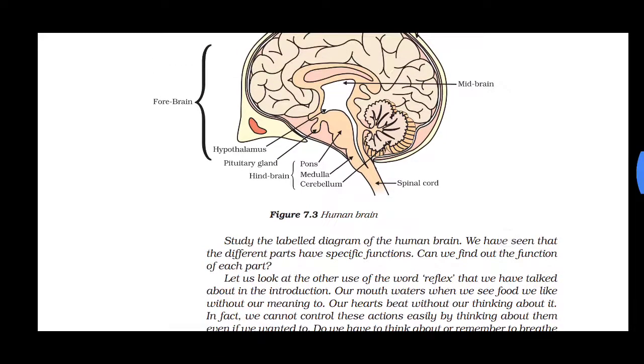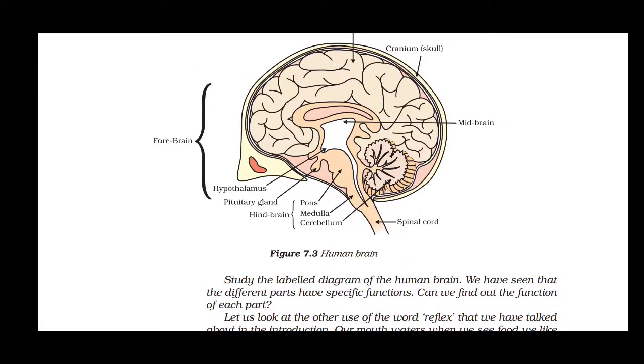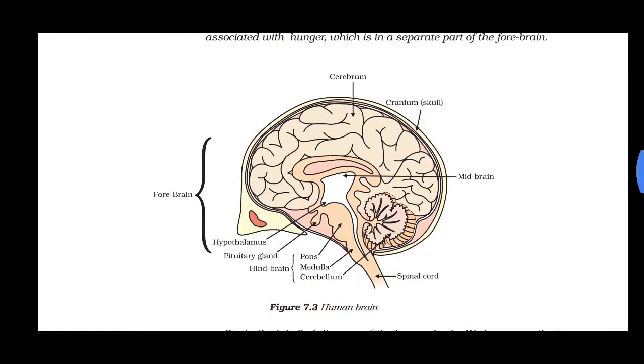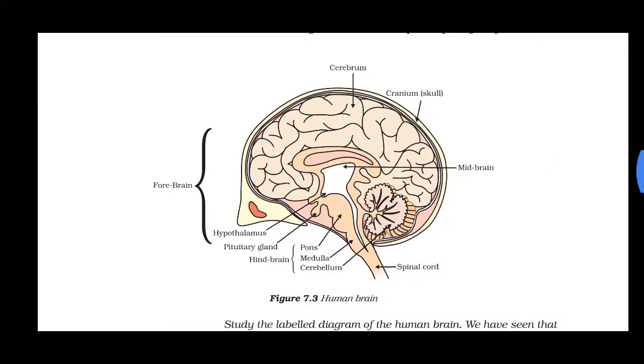The human brain is divided into mainly three parts: the forebrain, midbrain, and the hindbrain. The forebrain is a complex or specialized part of the brain. It consists of the cerebrum, the first part that you can see above. The forebrain is the thinking part of the brain.